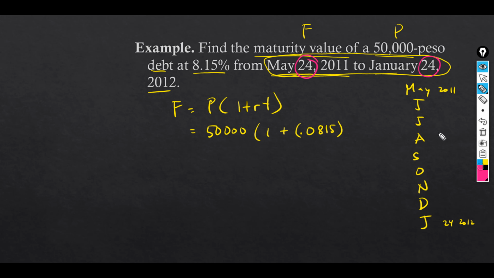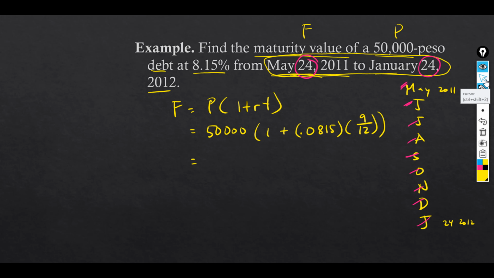So, how many months? 1, 2, 3, 4, 5, 6, 7, 8, 9. So, 0.0815 times 9 months, converted to years, over 12. When the dates are coinciding, find the number of months.